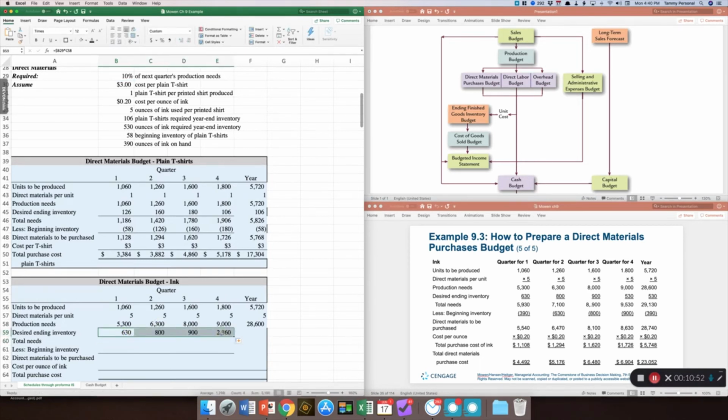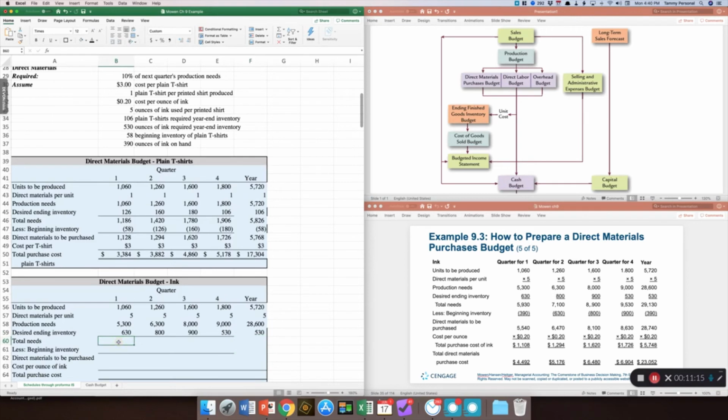Now at the 4th quarter, just like before, that isn't calculating right. Let's see, we just need this to be 530 here. There, we'll pick that up there. So our ending inventory here is 530, just like before.